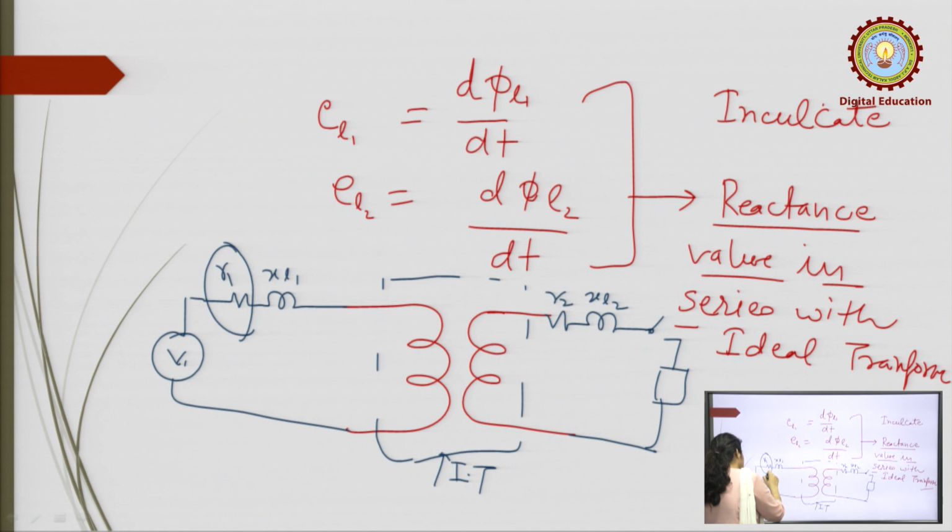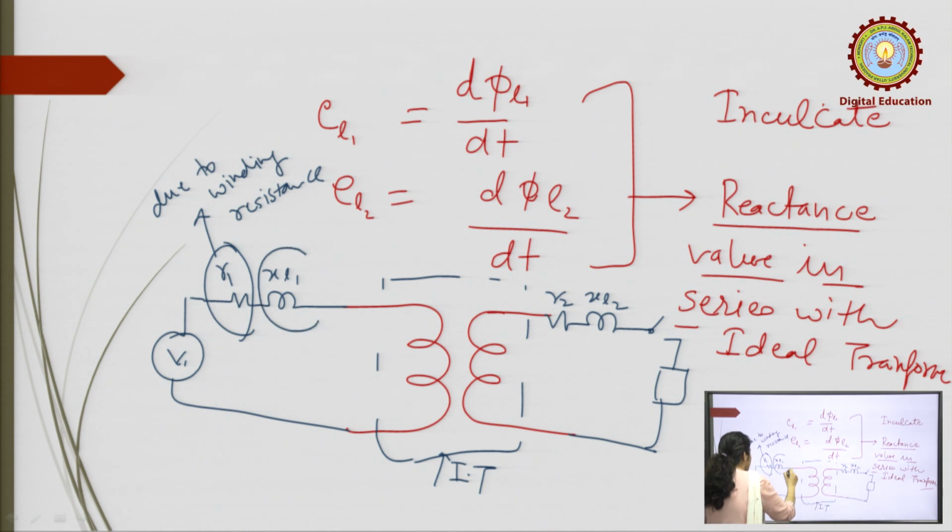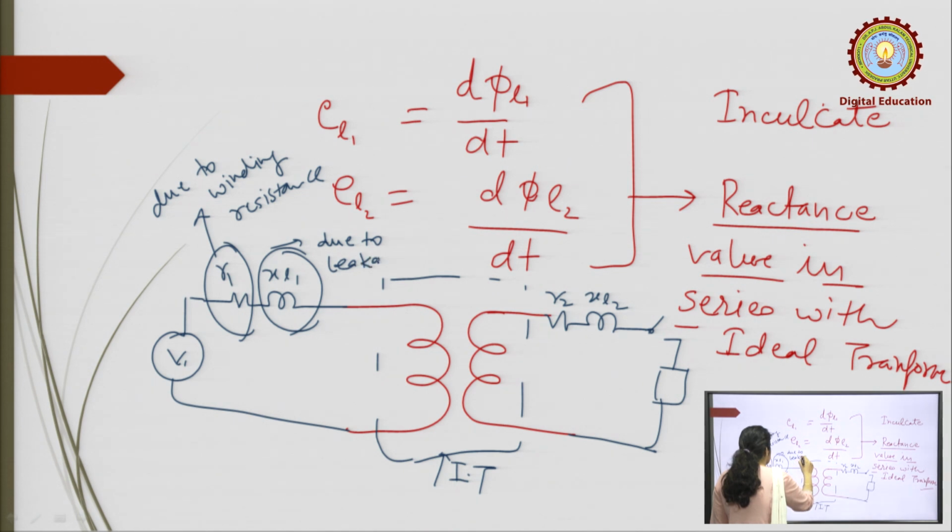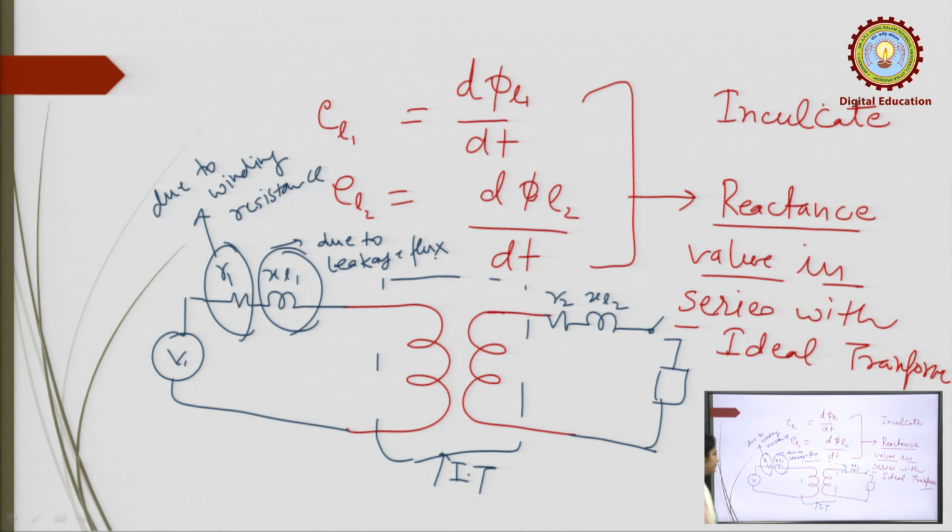This is present due to the winding resistance, and this is present due to the leakage flux. That is why E1 is not equal to V1, and E2 is not equal to V2, because there is some drop between E2 and V2.